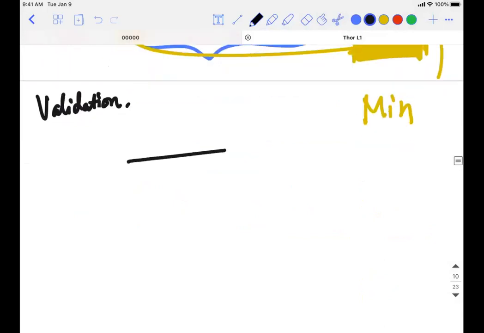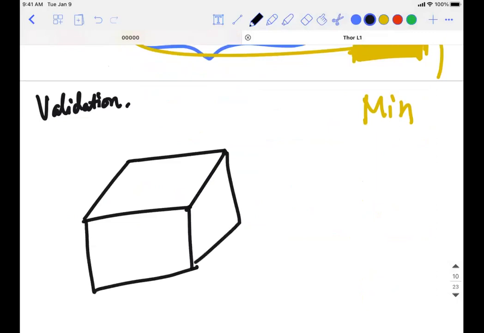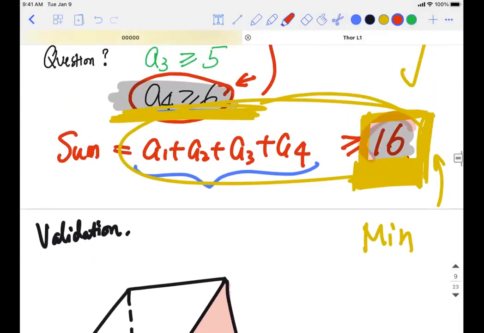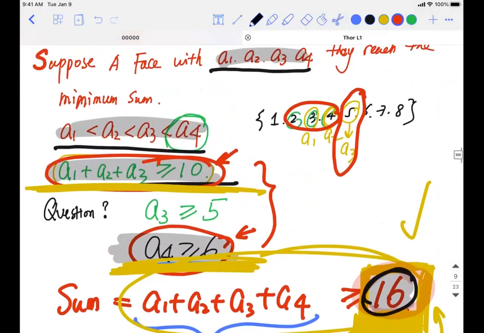So that being said, can I just find such a cube? If this is my minimum face, the one which contains the minimum value, and the minimum value is 16, it means I must have something like this.